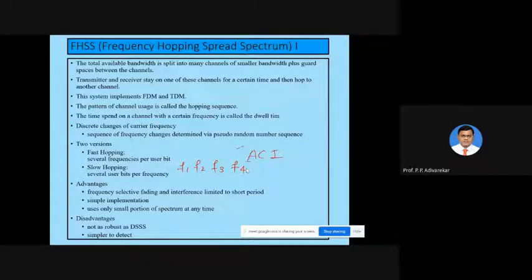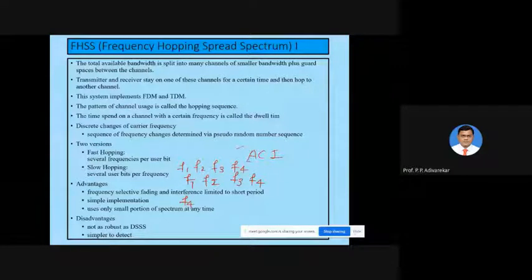Now my data will not be transmitted in the same sequence like F1, F2, F3 and F4. It may stay on F4 initially.